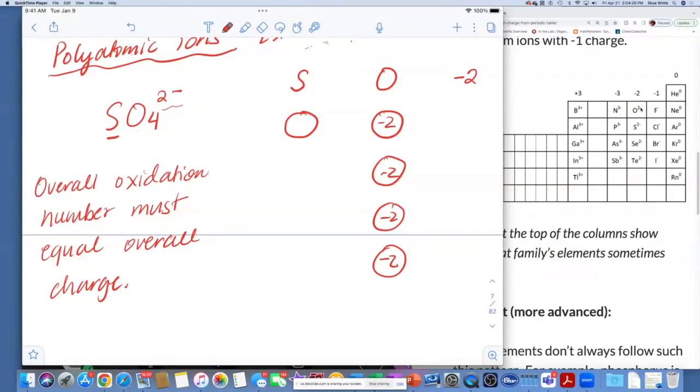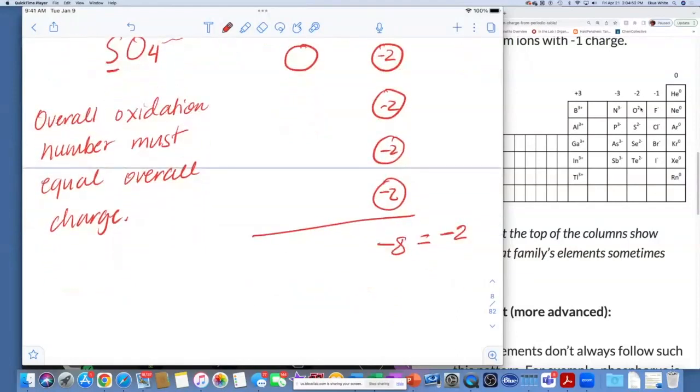So when we total this, we have a total of -8 from the oxygen alone. But we're told sulfur has to adapt to what oxygen is. So whatever sulfur is, when you add to oxygen, you get a total or an excess of -2.